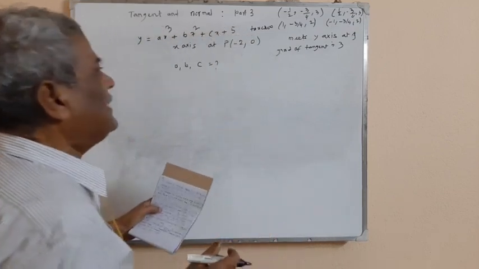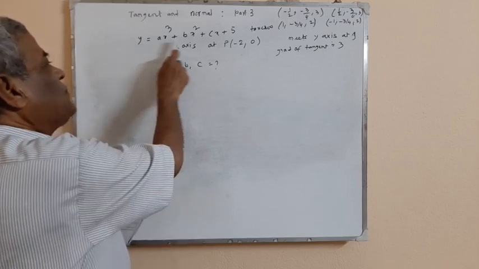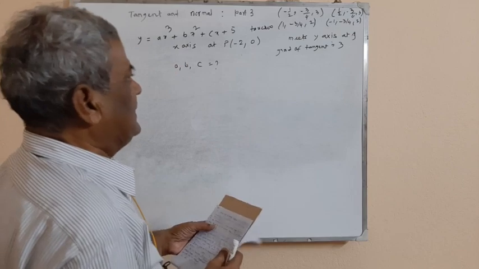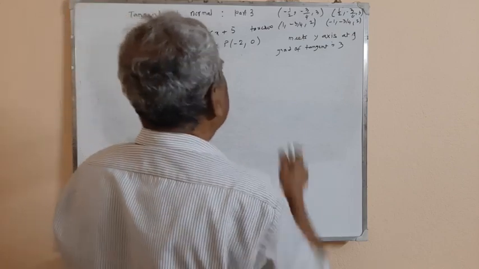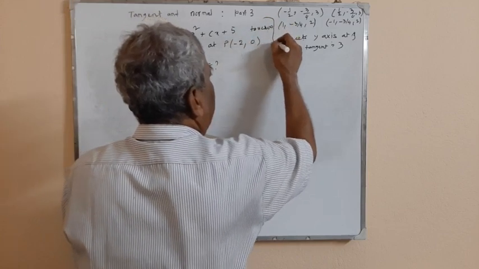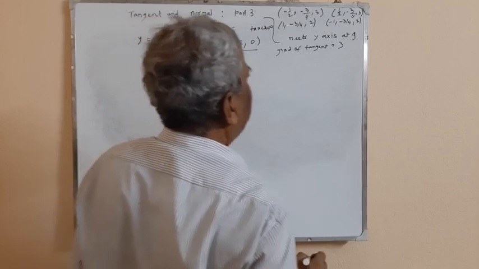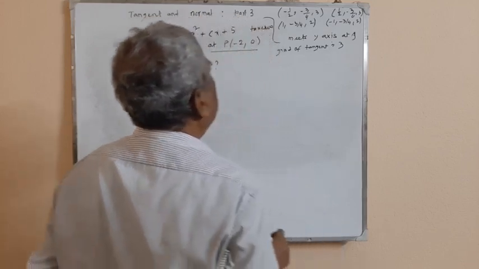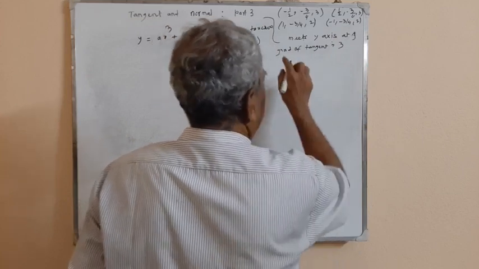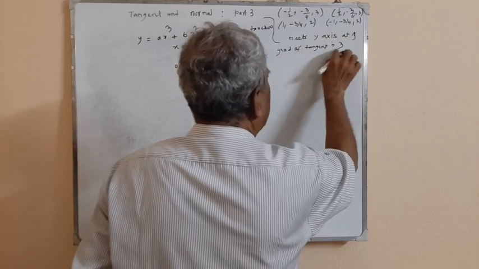Now let us see once again what the problem is. One curve is given and in that curve a, b and c are unknown quantities. It is given that it touches the x-axis at the point P. It meets the y-axis at Q, where its gradient of tangent is 3.